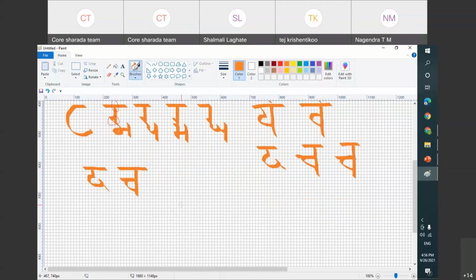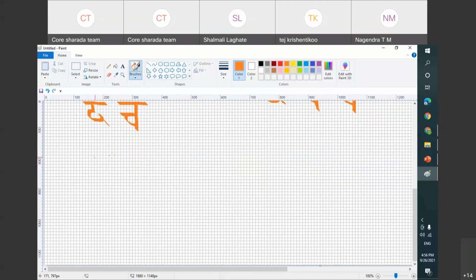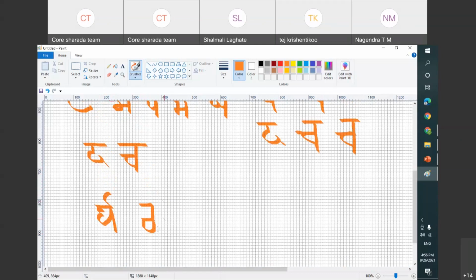Another important point. Now, suppose it is R, Dh, like for example ardh. It is written like this. There is no Shirorekha at the bottom.